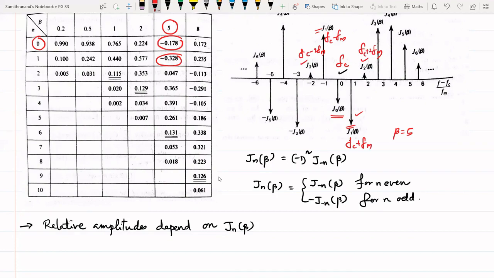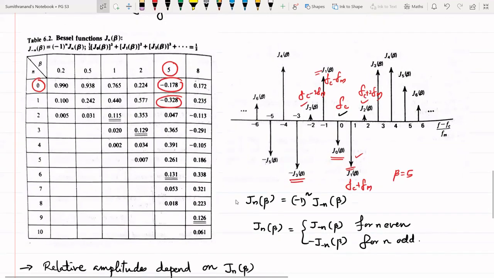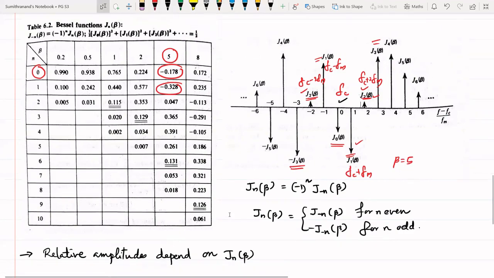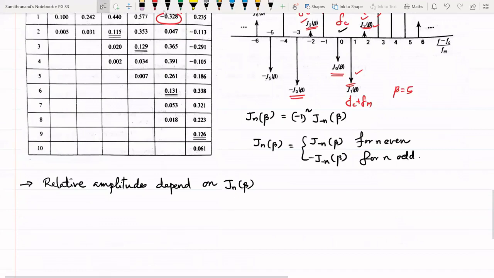It is also seen in the case of J3 beta and J minus 3 beta. If n is even, J n beta and J minus n beta are of the same sign. Here you can see that J2 beta and J minus 2 beta are of the same sign. So here we can see a large number of sidebands, and hence this is known as wideband frequency modulation.